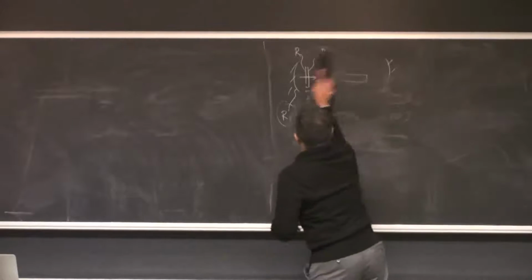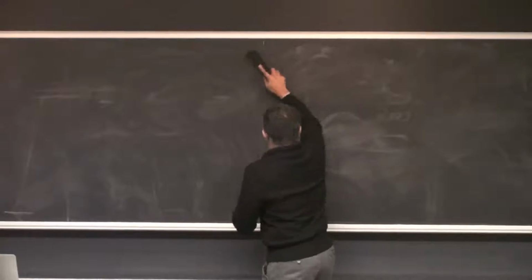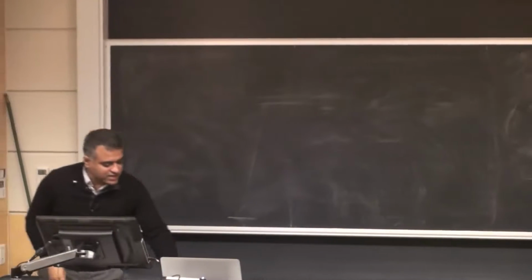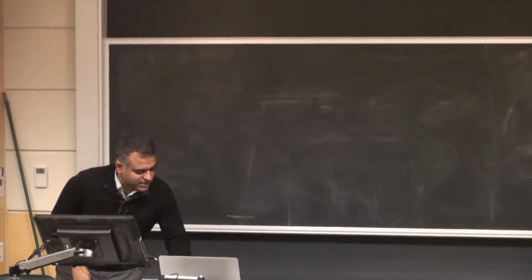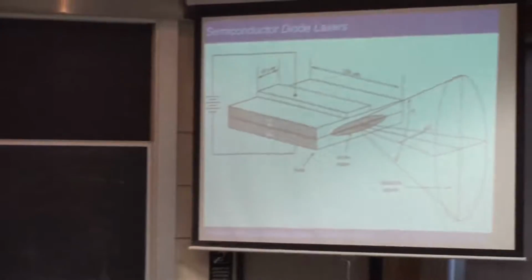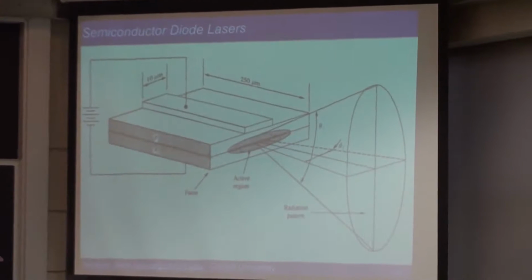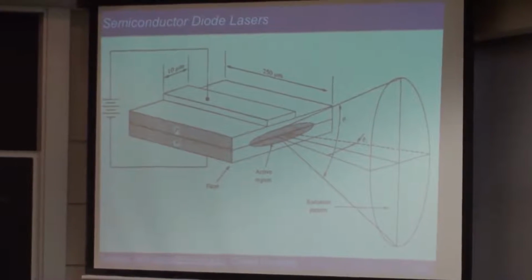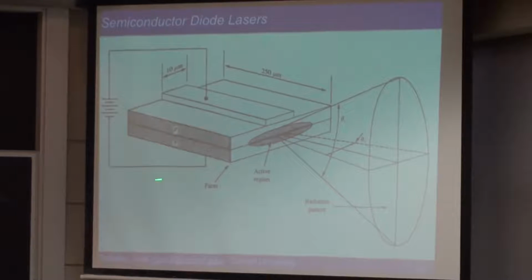Okay, so I want to continue our discussion on semiconductor lasers, and we had very qualitatively outlined some nice traits of a semiconductor laser. The fact that you can inject, apply voltages that are relatively small, related to the band gap or the energy gap of a semiconductor.